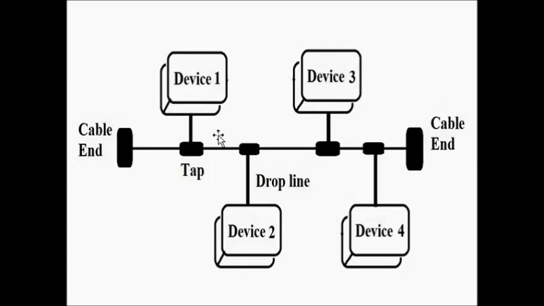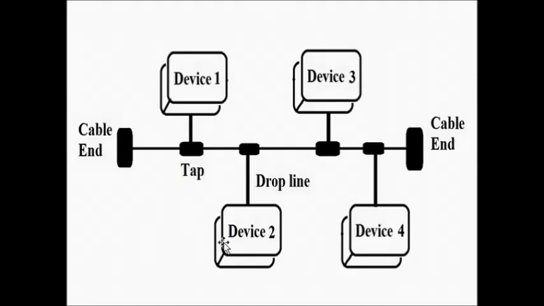And all the devices, here there are 4 devices, are connected to this main cable. So this is how a bus topology looks like, and here it is a multi-point connection. Here the capacity of this single main line, single cable, is shared between these 4 devices.